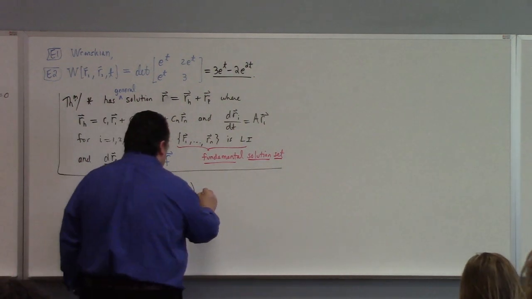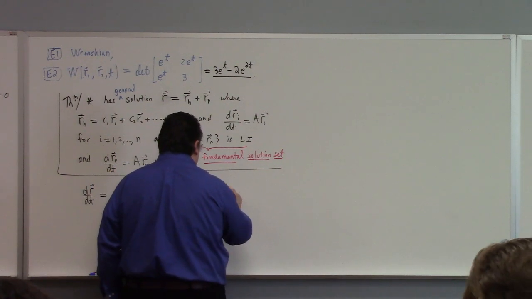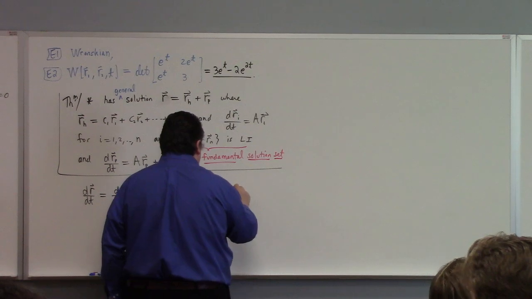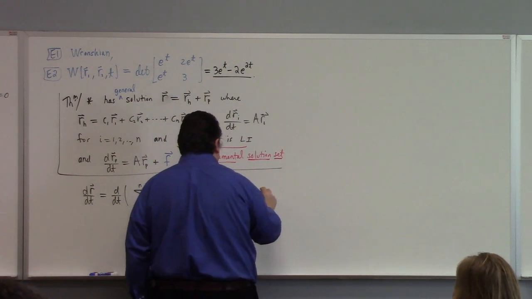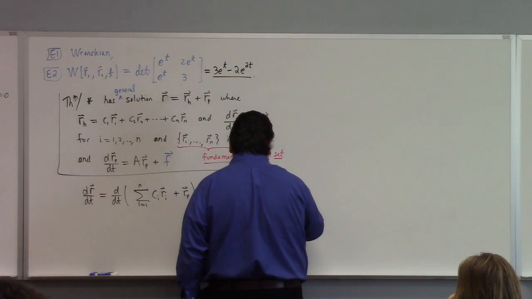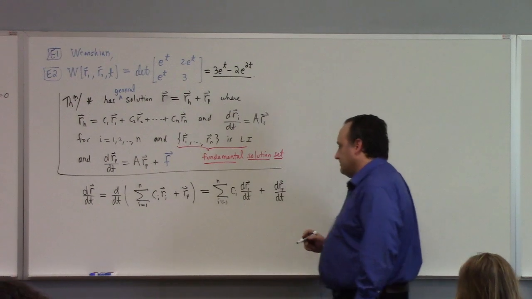So this is the sum, i equals 1 to n of c_i dR_i/dt plus dR_P/dt, all right?